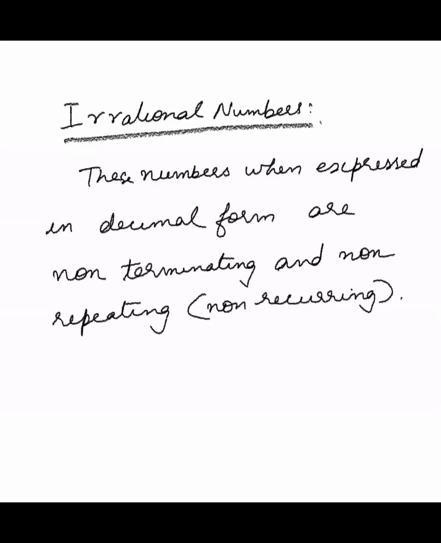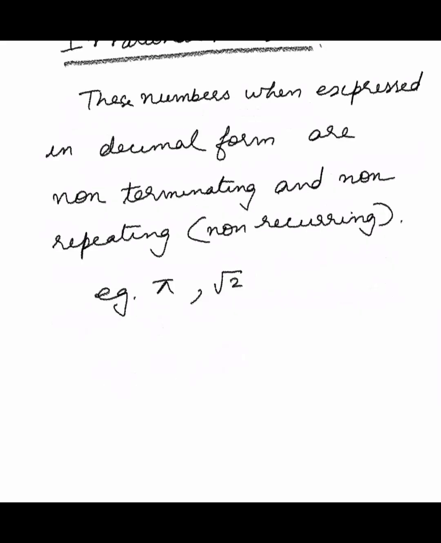Okay. So for example, pi is an irrational number. Root 2, root 3, root 5, root 11, all these are irrational numbers. Then cube root of 9: you can consider cube root of 9 as an irrational number. Pi is an irrational number. But 22 by 7, the value of pi is 22 by 7, right?